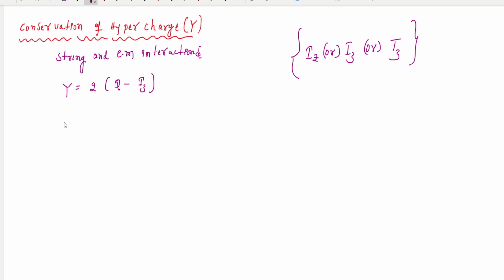Let me discuss one example, a triplet pion. We already know the I3 components, which we discussed in the last class.